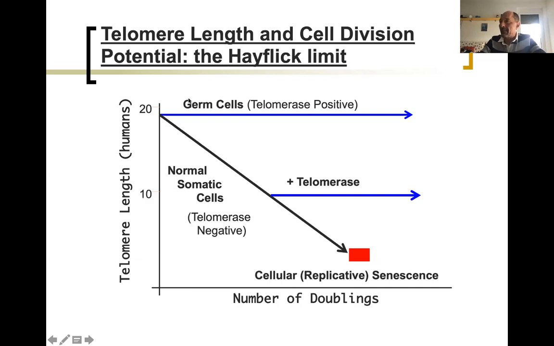Two alternatives to this, not very good: one is, of course, the germ cells. These are telomere positive, so they can keep replicating, but keep in mind that, for example, for the eggs, this only happens at the beginning, and then they stop completely. But for other germ cells, like the sperm, they can keep replicating all the time.